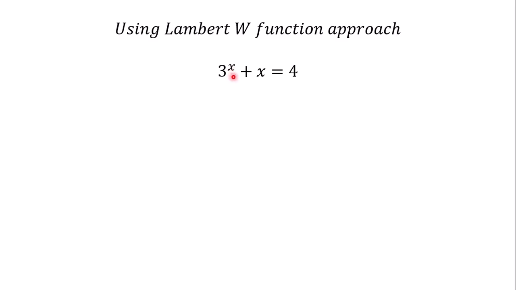So how are we going to rewrite it to look like something times e to the power of something? Here we are having 3 raised to the power x plus x. How? When we are writing it, will we use this one, or this one, or both?